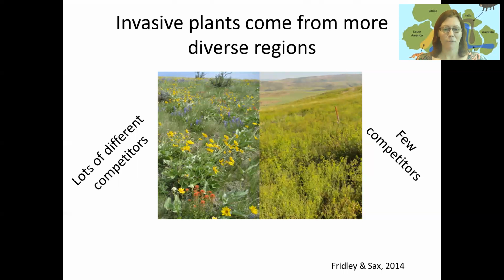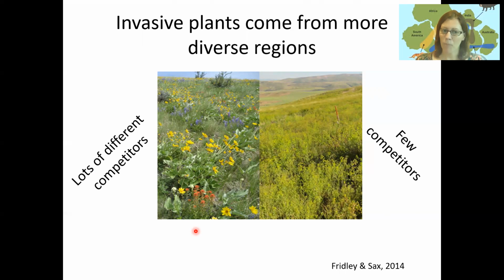Another piece of that you read in the Fridley and Sachs paper, or will read in the Fridley and Sachs paper, is this hypothesis that invasive plants are likely to come from more diverse native regions. Right. The mechanism behind this is that if you come from a very diverse area, like the one on the prairie on the left, then you would have evolved with lots of different competitors, different predators.